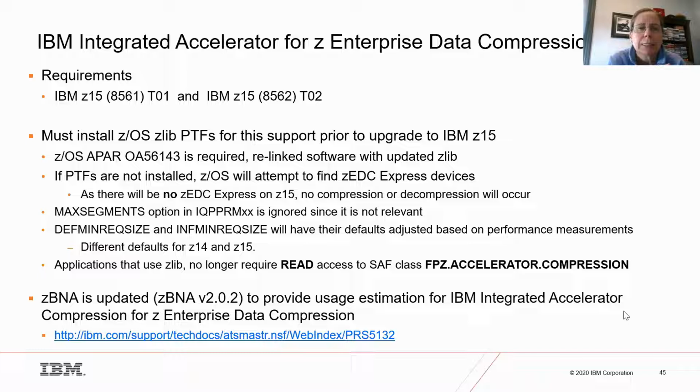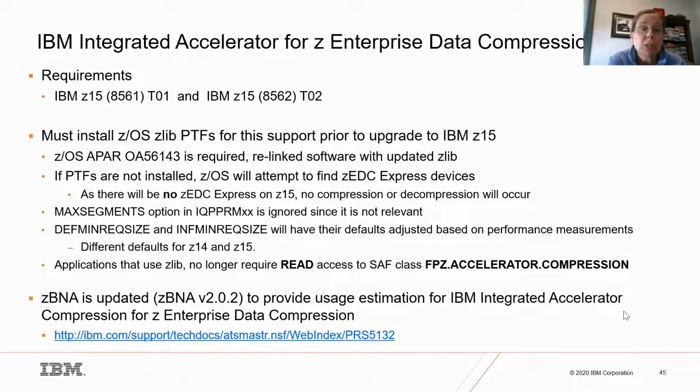So you might want to take a look at that. Personally, I think these defaults are very reasonable, so I would just go with the defaults. Being that they are different between Z14 and Z15, and dynamic depending on which system the z/OS runs on, you will have different defaults. If you have an application that uses zlib, you don't have to have read access to the SAF class that you see here, so you can remove that in order to clean it up.